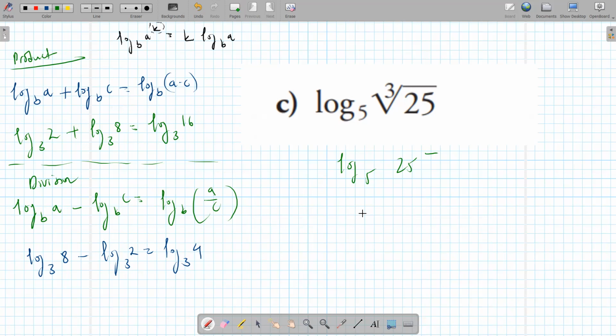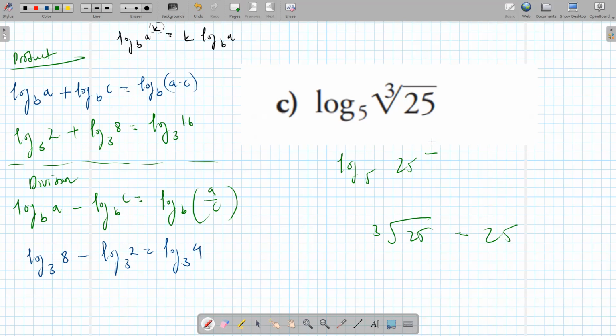Forget about the log bit, right? Just forget about the log bit completely. We have cube root of 25. If you want to write this in exponential form, has nothing to do with logs, what does that become? To the power of 1/3. Right, that's it, right? To the power of 1/3.